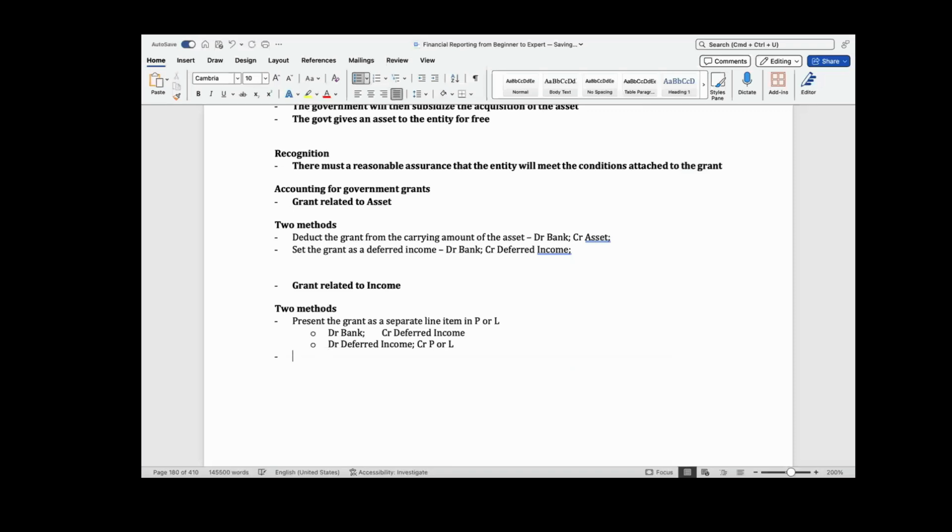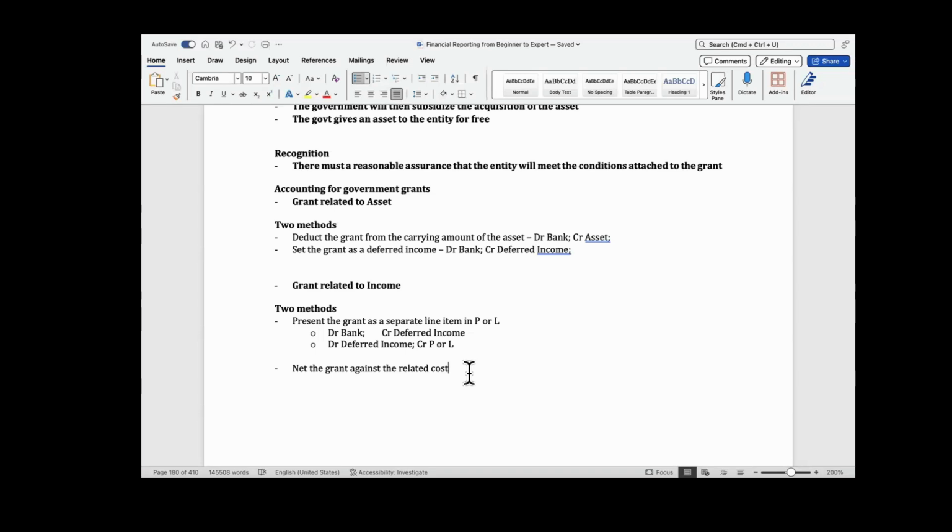The second way of presenting a grant related to income is to net the grant against the related costs. So if the government gives you a grant of 1 million and the related cost is, let's say, 3 million, they subsidized the cost for you.